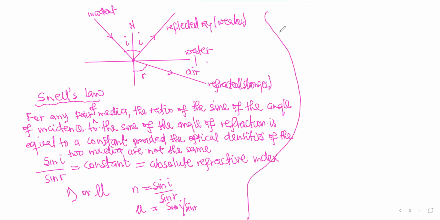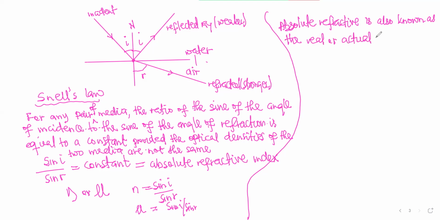So absolute refractive index is also known as the real or actual refractive index of a material or of a medium.